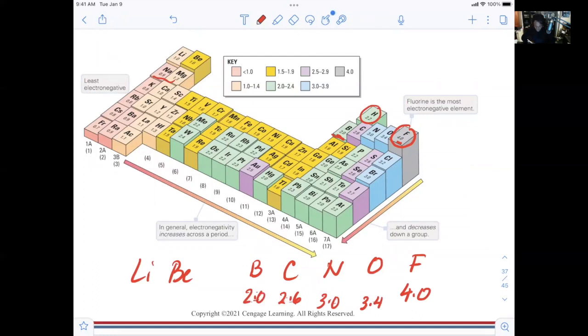From boron to beryllium is 1.6, and the gap here is 0.4. And then from beryllium to lithium is 1.0, and the gap is 0.6. So the gap kind of fluctuates between 0.6 and 0.4, right? Oh, sorry, I misread that.